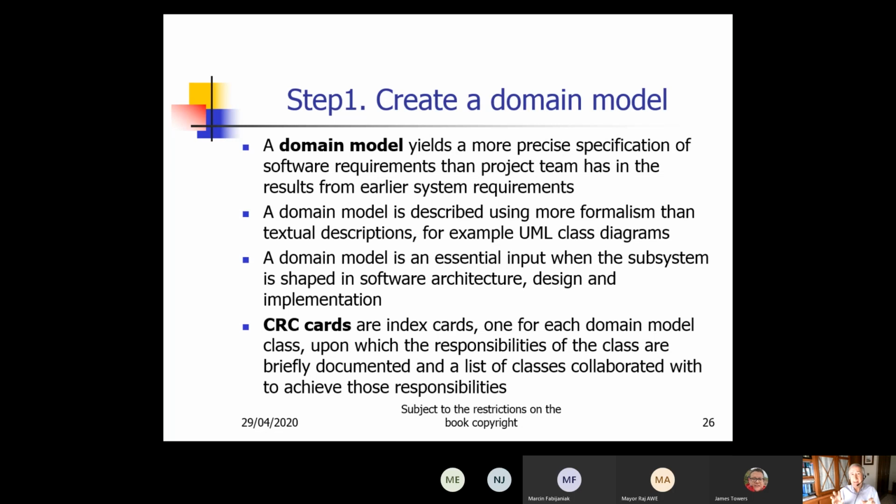These functionalities, at this abstraction level, are called responsibilities. So the domain model is represented using a responsibilities-driven approach and using what we call CRC cards, class responsibility collaboration cards, that were invented some years ago by people working in object-oriented approaches.